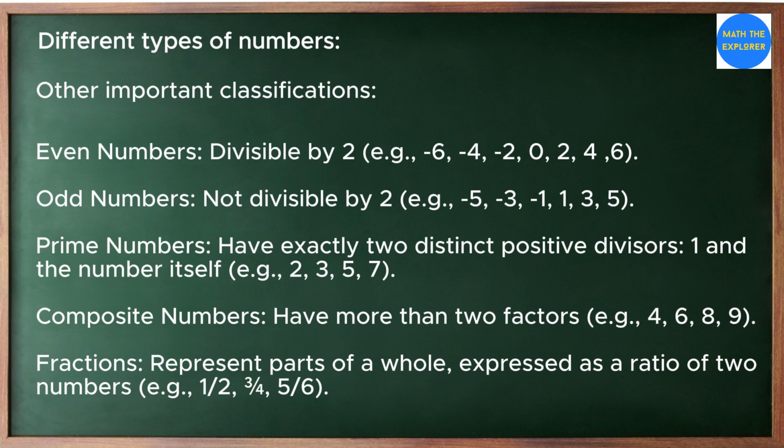Prime numbers have exactly two distinct positive divisors, 1 and the number itself, for example, 2, 3, 5, 7. Composite numbers have more than two factors, for example, 4, 6, 8, 9. Fractions represent parts of a whole, expressed as a ratio of two numbers, for example, 1/2, 3/4, 5/6.